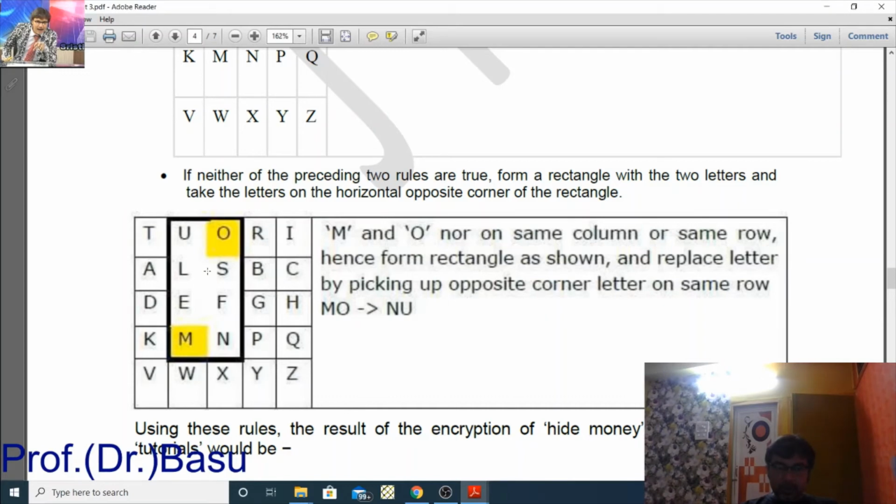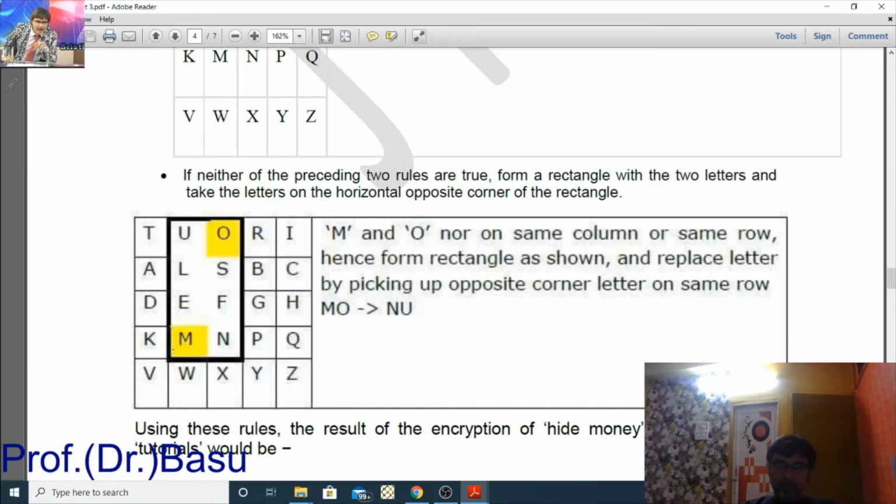So these corner elements will be replaced by the opposite element. By picking the opposite corner letter in the same row, M will be replaced by N. The opposite corner of O is U, right?